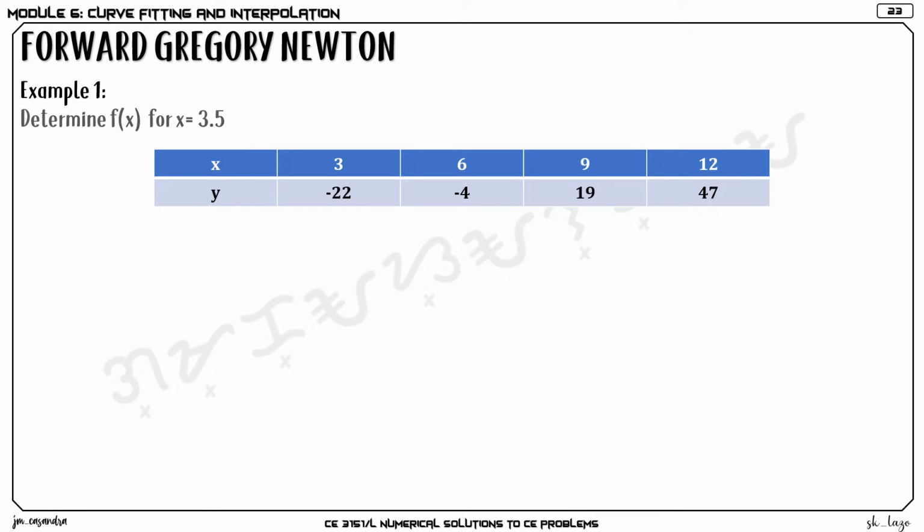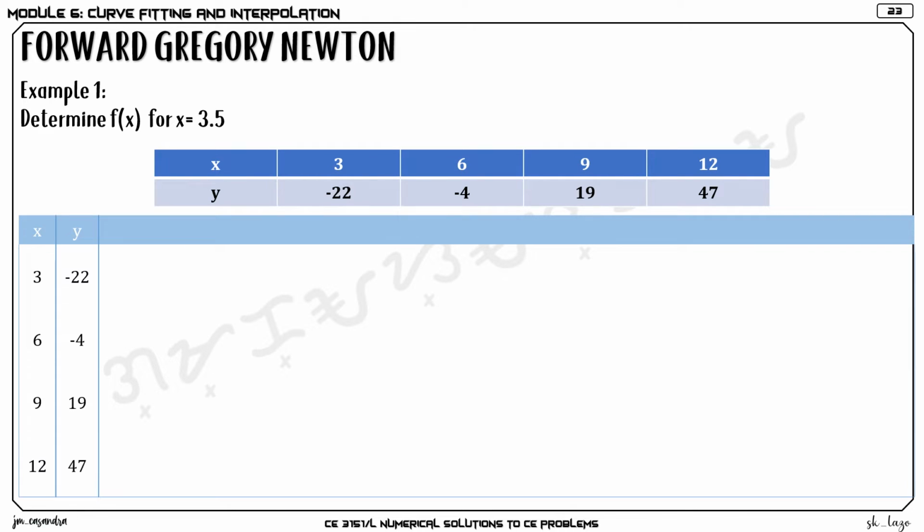So for example 1, determine the function of x for x equal to 3.5 given the following data set. So first, we tabulate our answer and determine delta y sub o, which is computed as negative 4 minus negative 22, giving us 18. 19 minus negative 4 is 23. 47 minus 19 is 28.